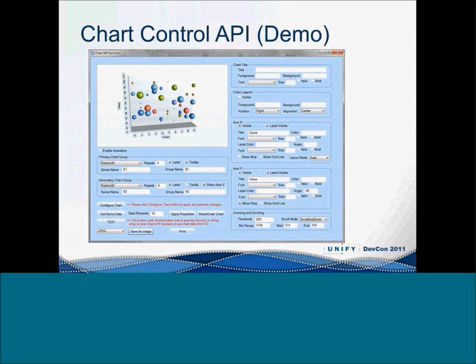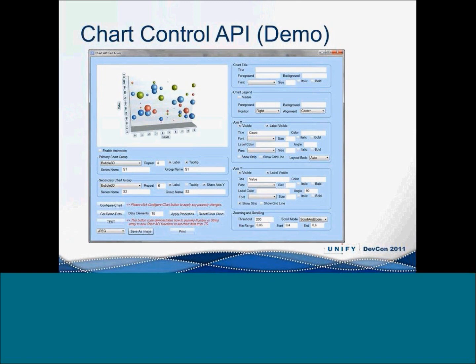That means, for example, I set up a Bubble 3D, and I want to have 3 record sets, and I want to show tooltips and labels and so on. At this point, I can try out how this new charting control is working. And maybe if I find a new, very useful function, an API call, I can copy and paste this function into my new application, and it will immediately work.